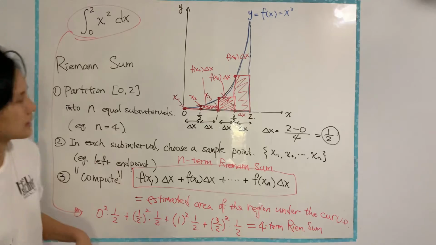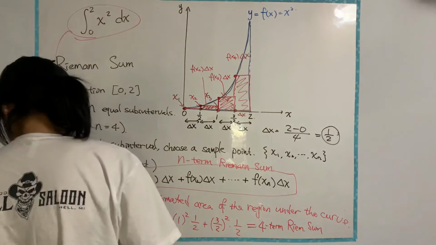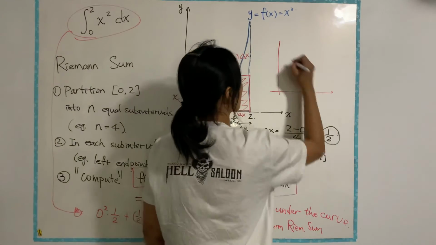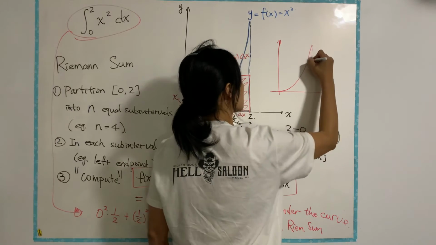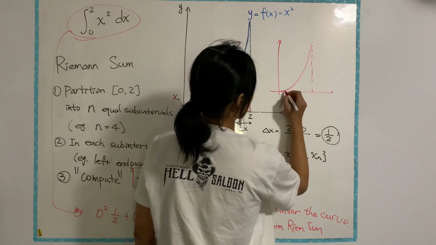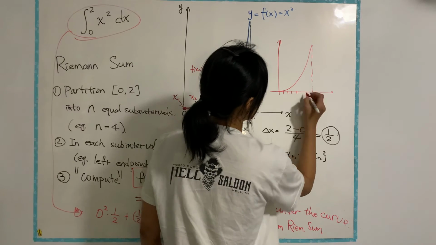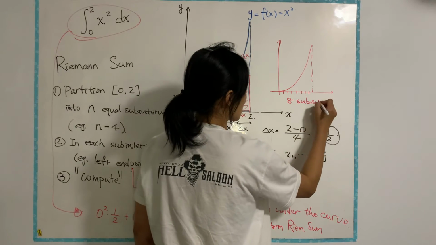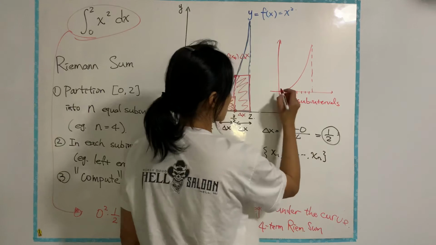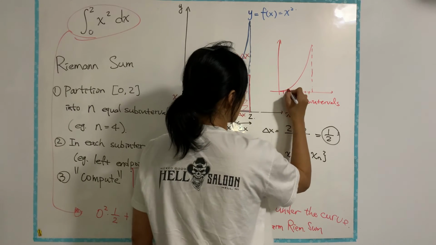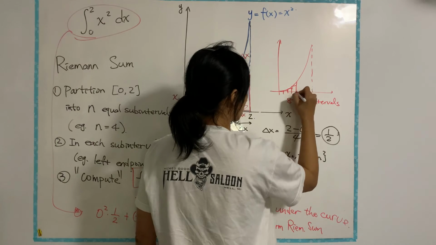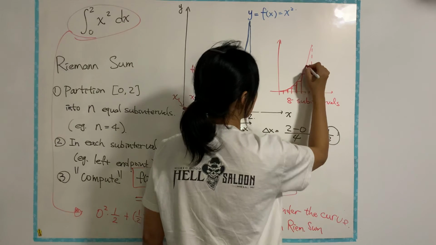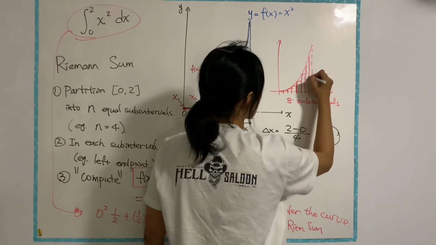Okay, all right, so now you can imagine if I cut this into more pieces, let's say this is 4, this is another 4, into 8 subintervals, and I still, let's say, choose the left endpoint, then the rectangles that I would construct would be these, right?